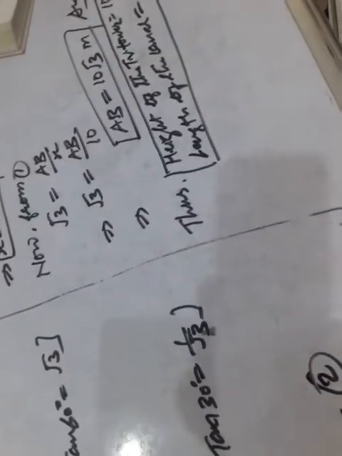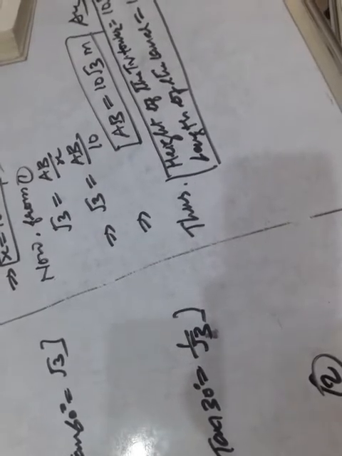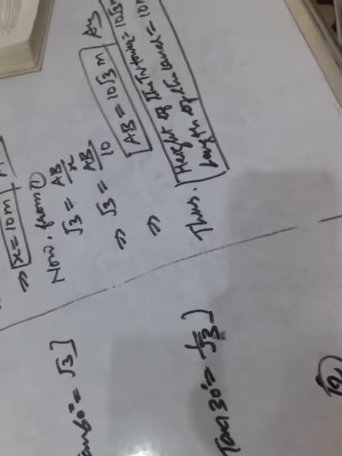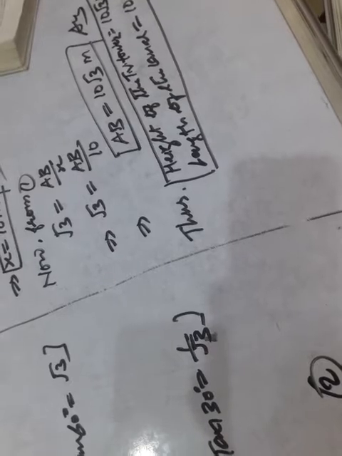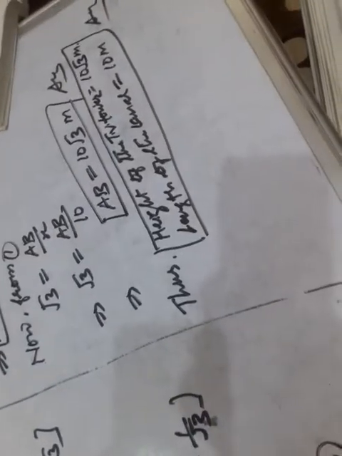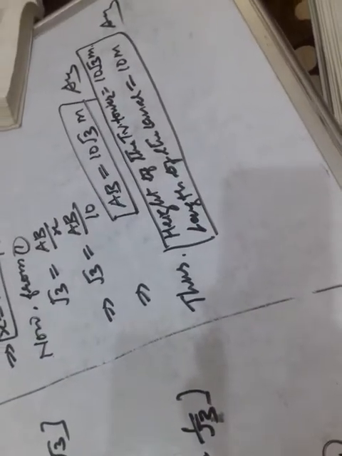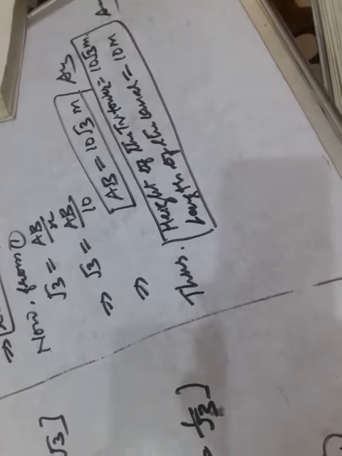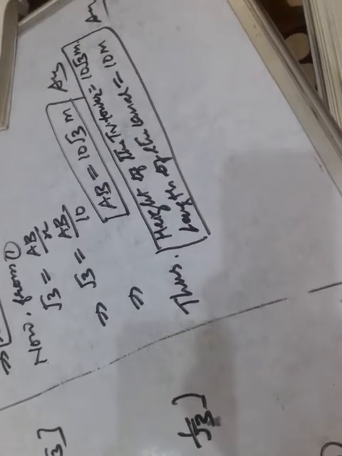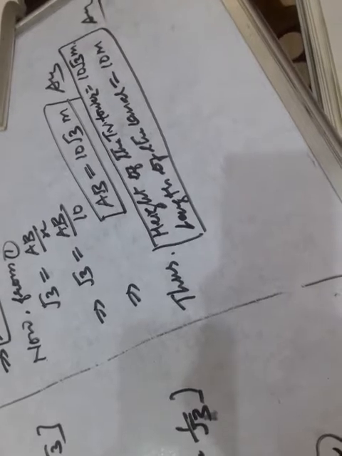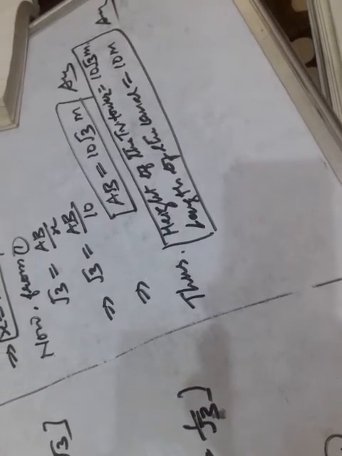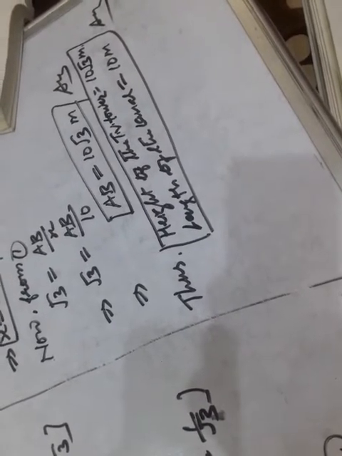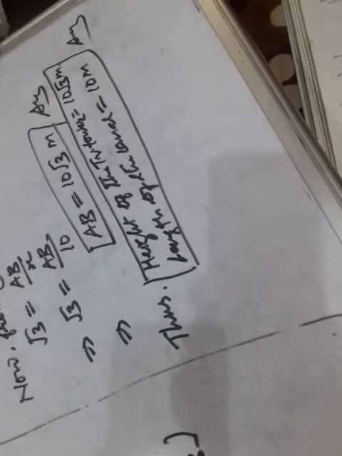Clear children? Write down. So we have seen question numbers 9, 10 and 11, children. These questions are very much important. There are 16 questions in this exercise, children, and the examples are also very important.